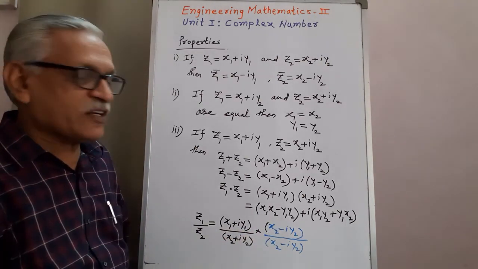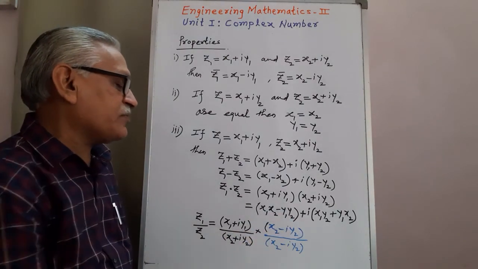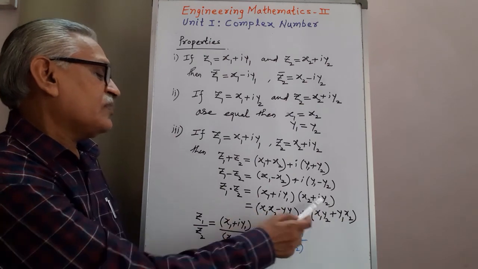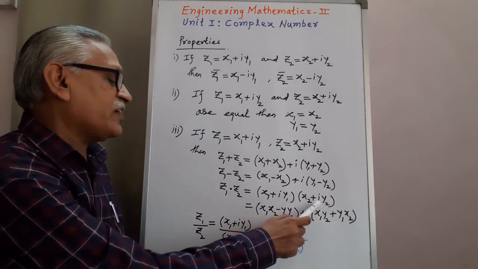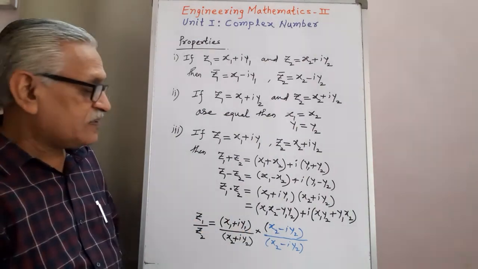In the first bracket we get the real part of that product, plus i times (x1 y2 + y1 x2). Therefore this is the product of the two complex numbers.